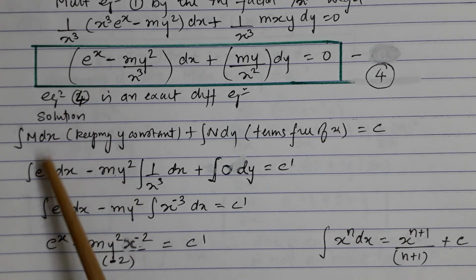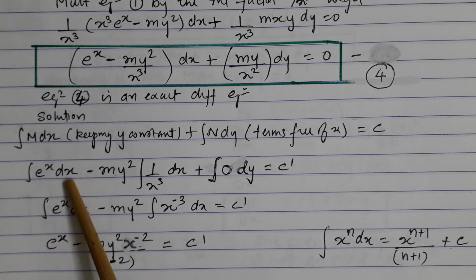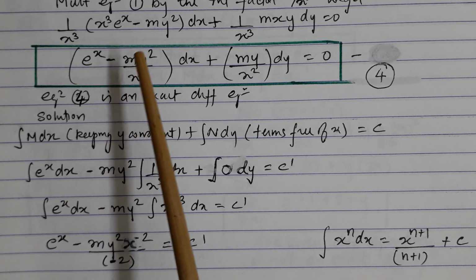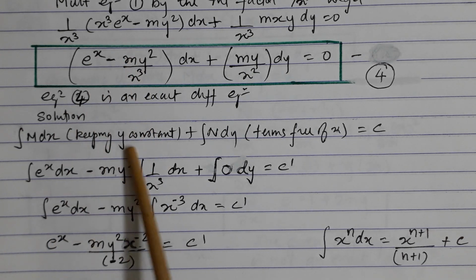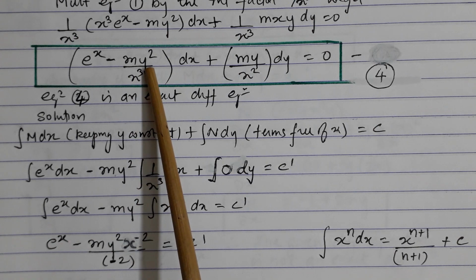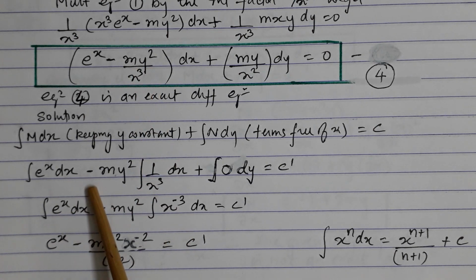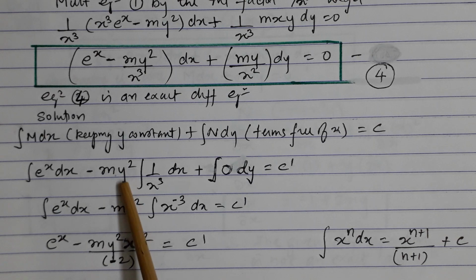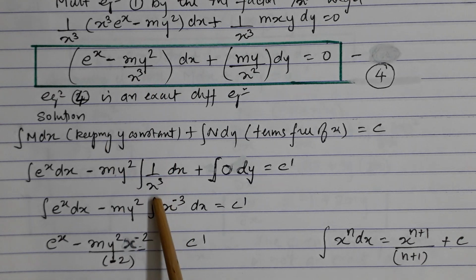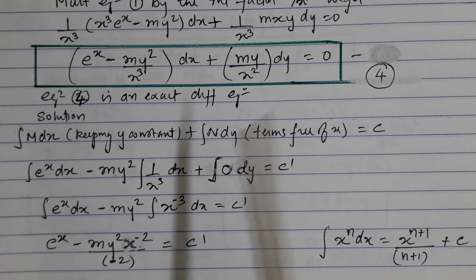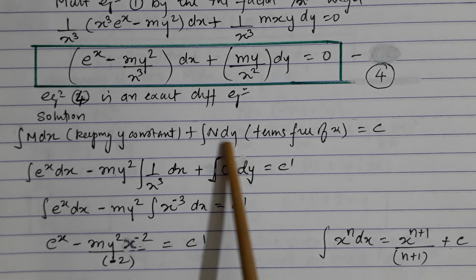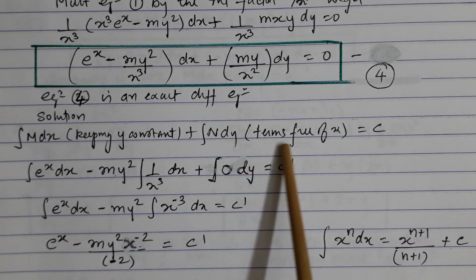Now this would be integral e raised to x dx minus m is a constant and we have to keep y also as a constant. So minus my square would come out integral 1 upon x cube dx plus we have to integrate only those terms from n which are free of x.